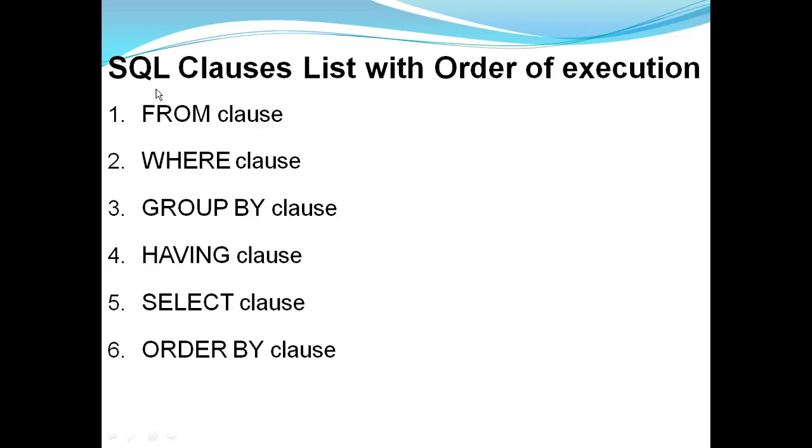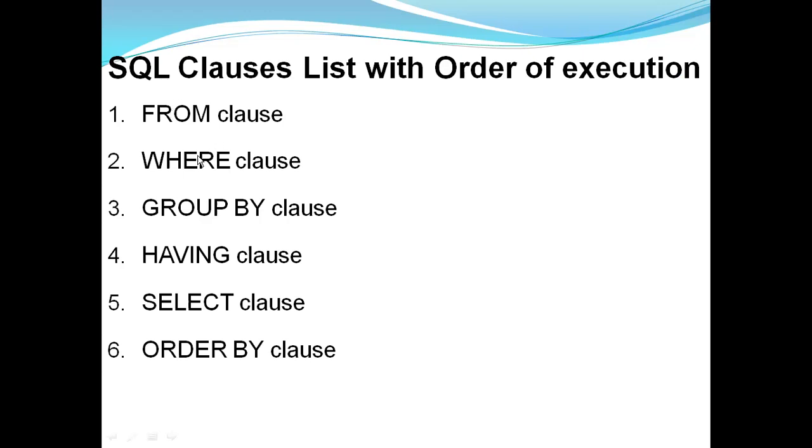Now, earlier we have talked about the order in which a query has to be written. And this is the order in which a query gets executed. The difference is in that order it has to be written, and this order the query gets executed. So in which order does it get executed?